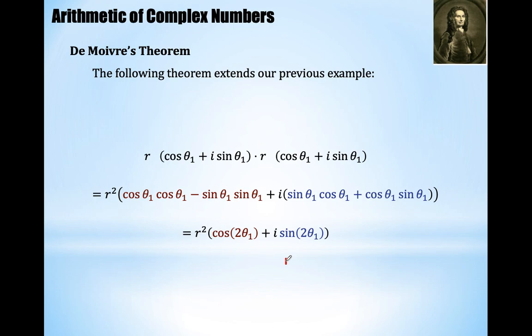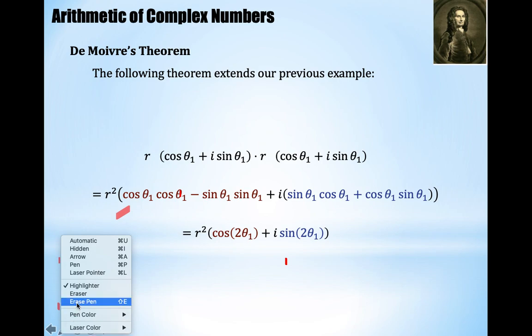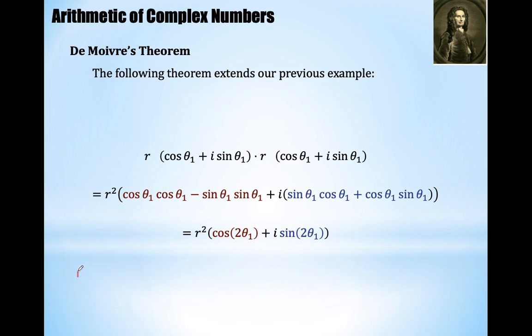De Moivre has a theorem that you are responsible for. So the theorem extends what we just did. If you have a number in polar form that you are raising to the second power, right?